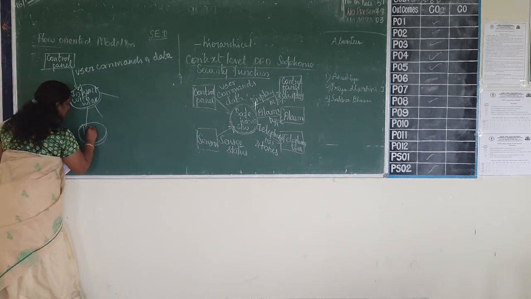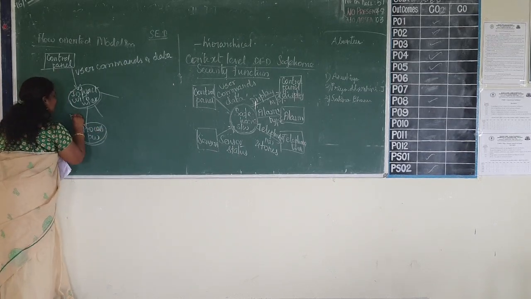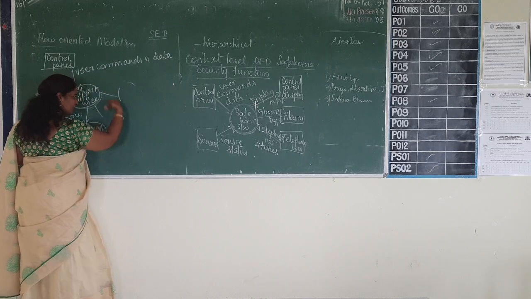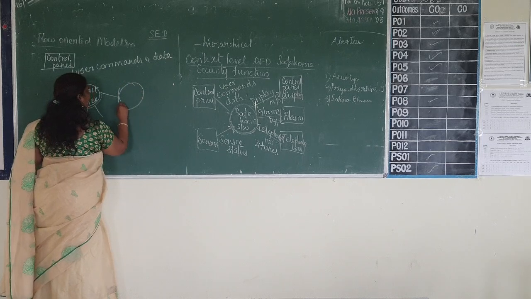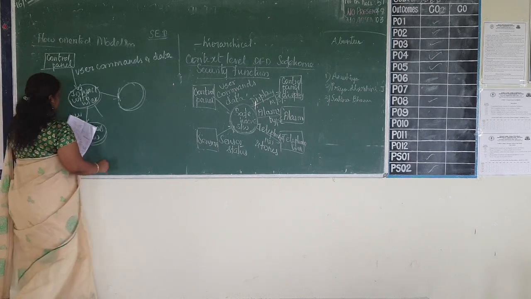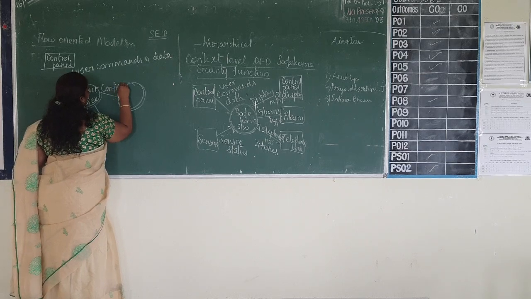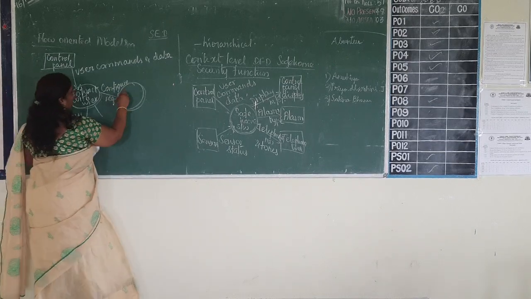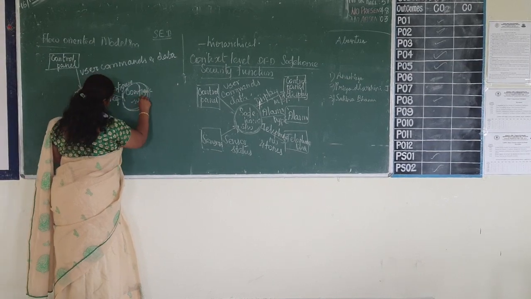Process, password, vertical only. There is no space. We draw like this. Configure. A request. Configure a request. So the data object will be configure the system.